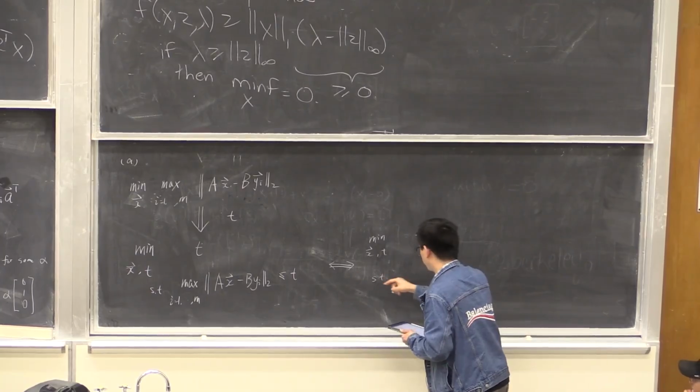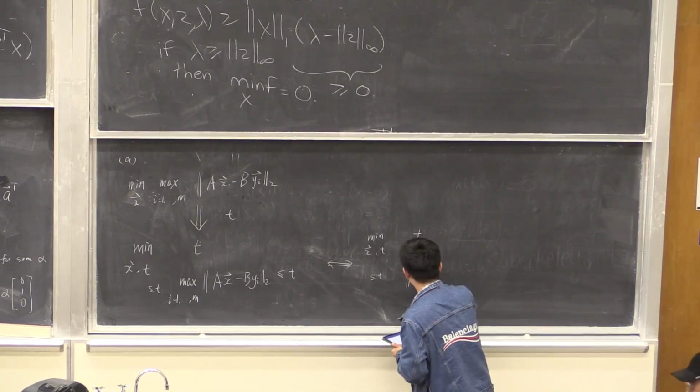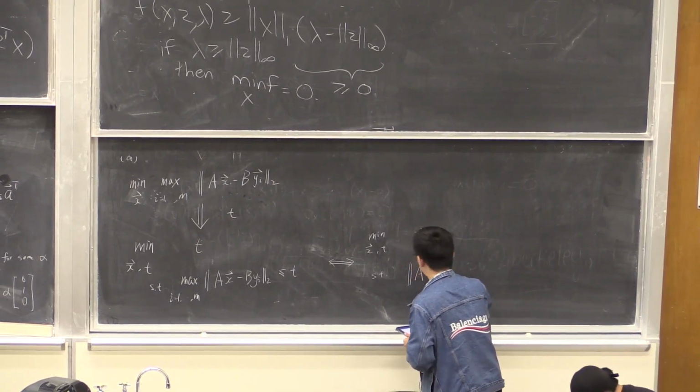So we are explicitly writing out the m constraints, which is Ax minus b y_i.